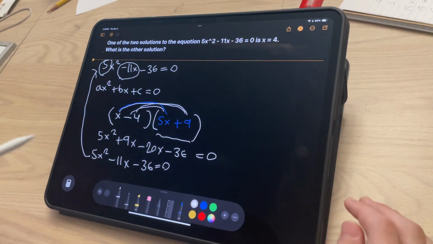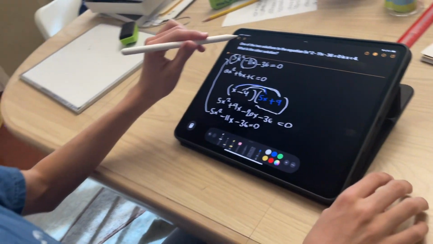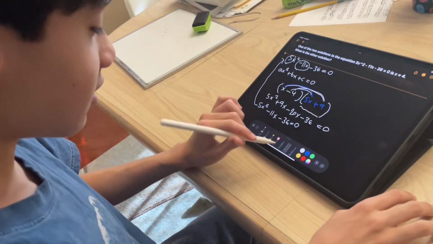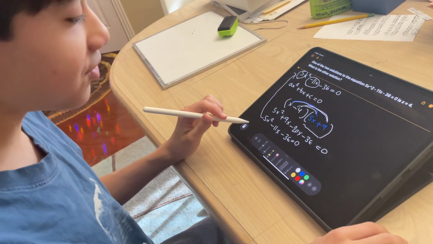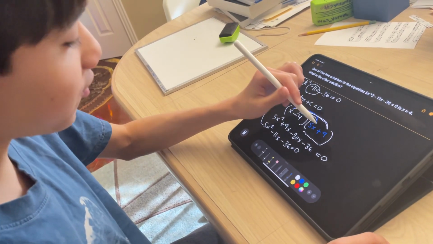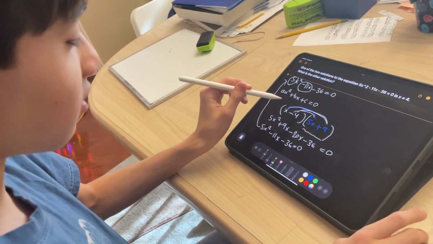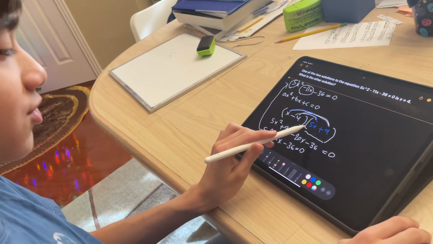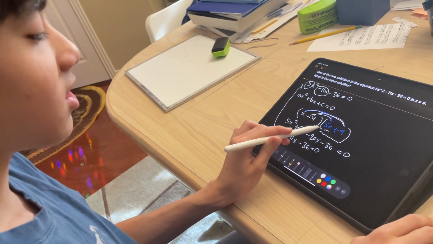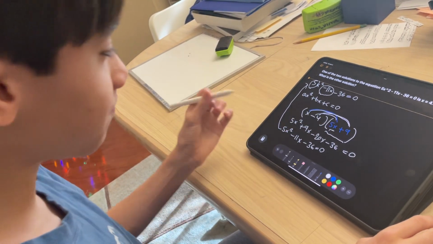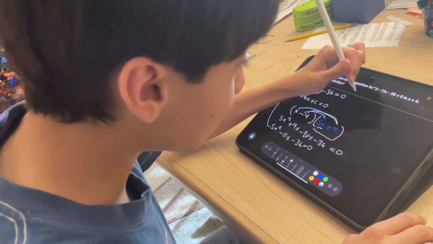Now what we need to do from here is find the other solution, as they asked. As I mentioned earlier, we set each of these binomials equal to 0. We've already done it with the first one, because we know x is 4. Now we need to find what value of x makes the second binomial equal to 0. This is another simple equation.